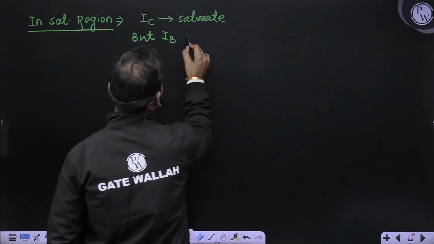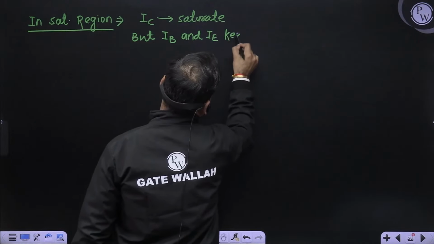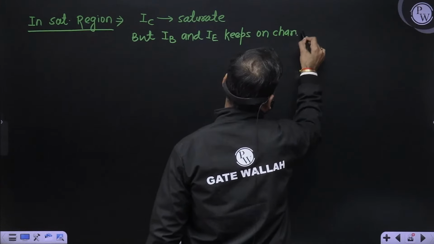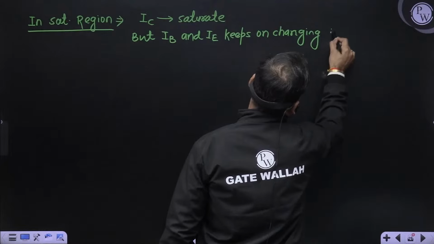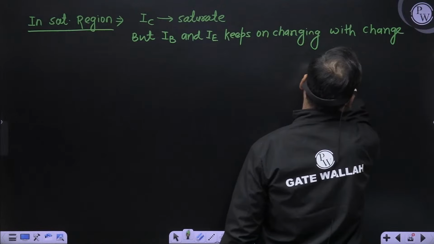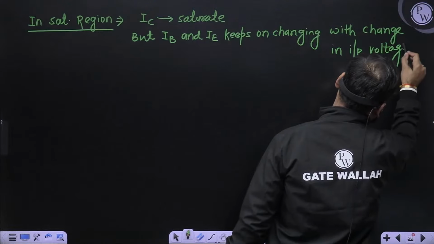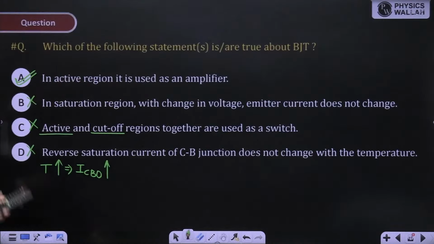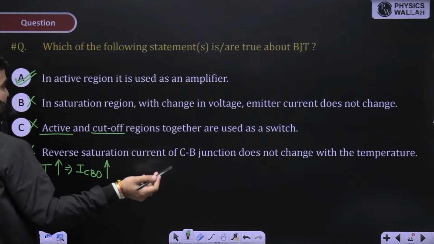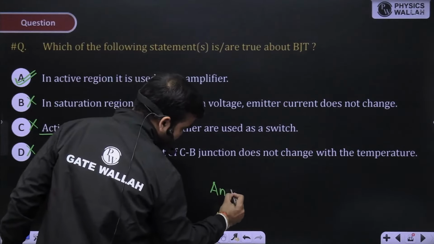But IB and IE keep on changing with change in input voltage. And the question statement is saying that even though we are changing the voltage, emitter current does not change. No, collector current does not change, but emitter and base current change. So option A is only correct. So the answer is option A.